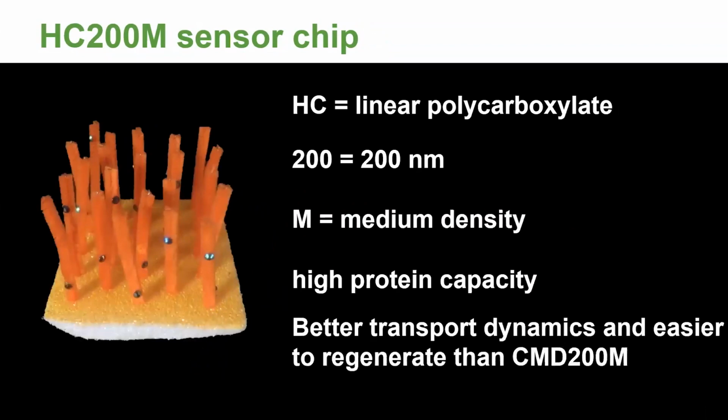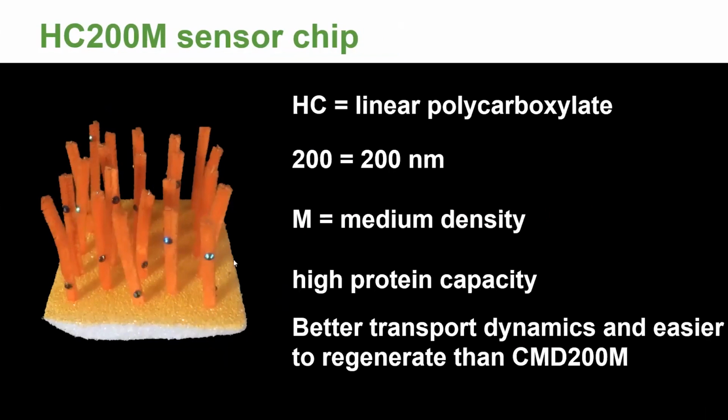So another sensor surface to go over is our linear polycarboxylate, or HC200M. So again, this is a 200 nanometer matrix, so it's the same approximate depth as the CMD200M we just talked about. But the big difference is that instead of having a highly cross-linked gel layer, we actually have these linear strands of polycarboxylate. So there's much less of a diffusion barrier for molecules to get in and out.